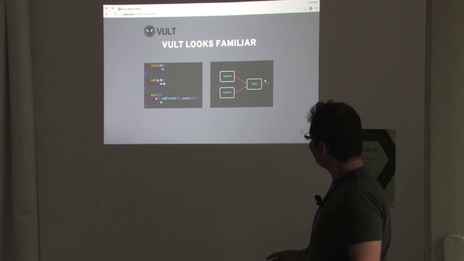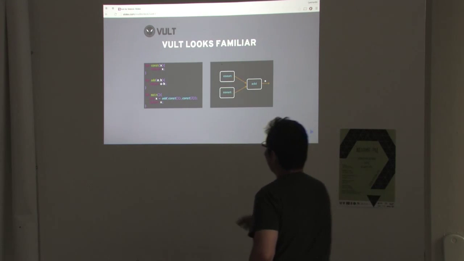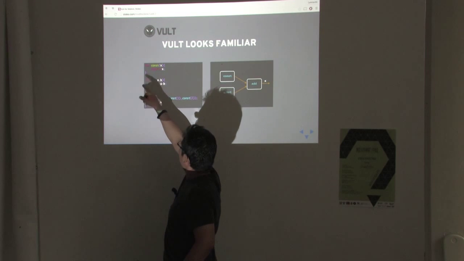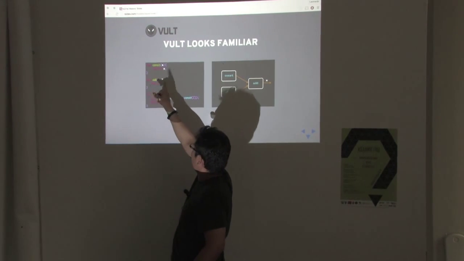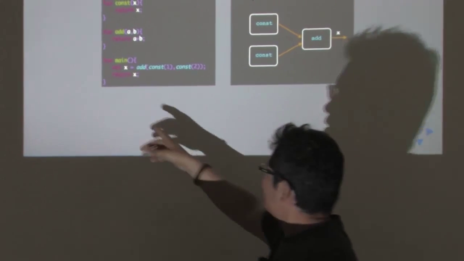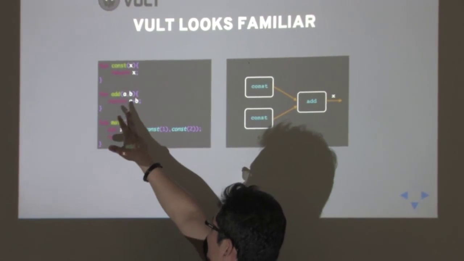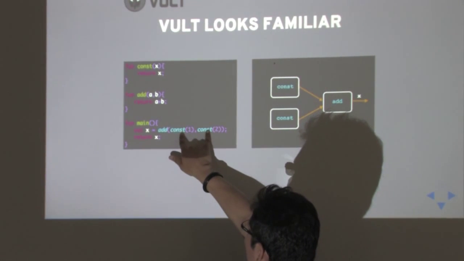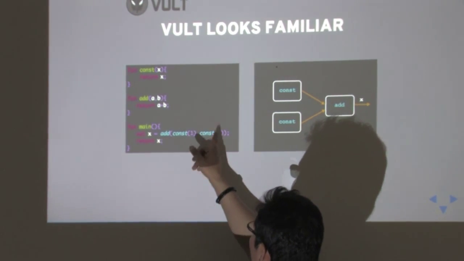And if you see here, the colors are not very good, but you have some function that returns a constant. So you just give something, it returns a constant. Here you have a function which adds two numbers, and then in the main function, I'm calling these two constant functions and passing them to the add.